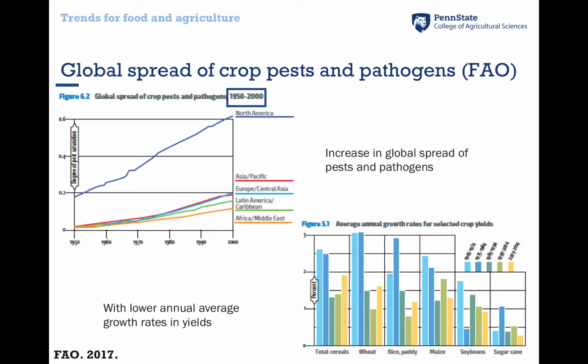But if you add that on top of the general trends in the annual average growth rate in yields from the Borlaug period, the Green Revolution period, very high growth rate, we see in general some declining trends on an annual basis. And so these are questions that we continue to ask in terms of how these pests and pathogens can impact that growth rate over time, and something we're interested in looking at.